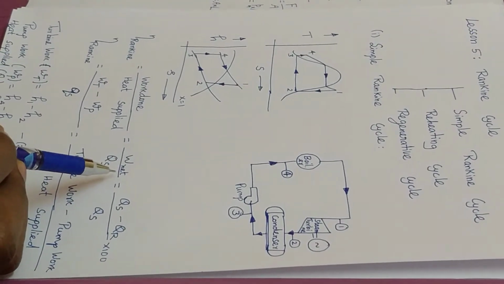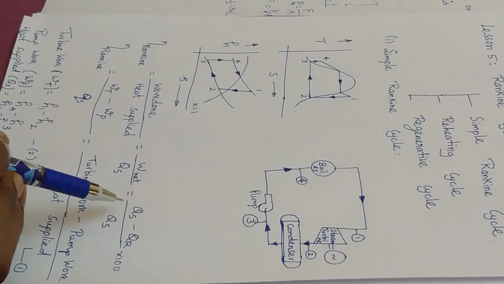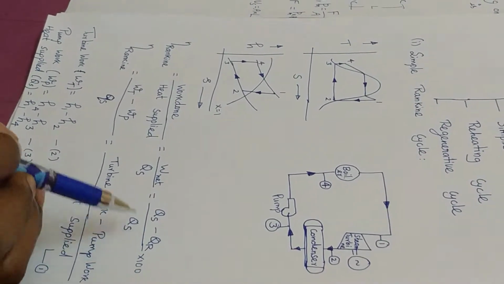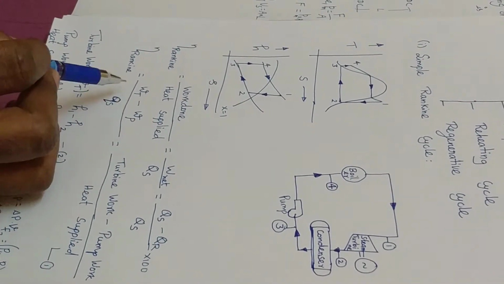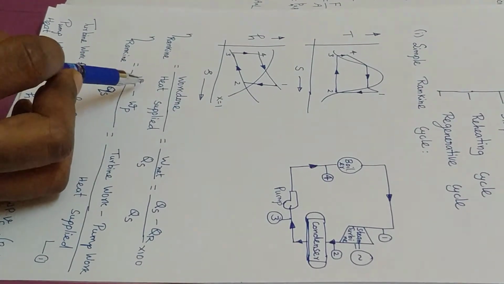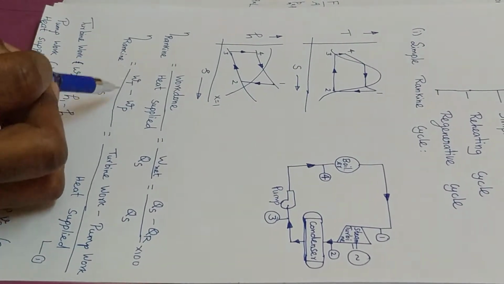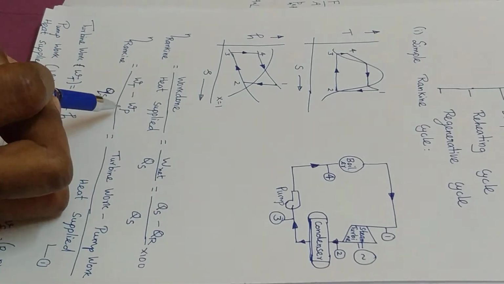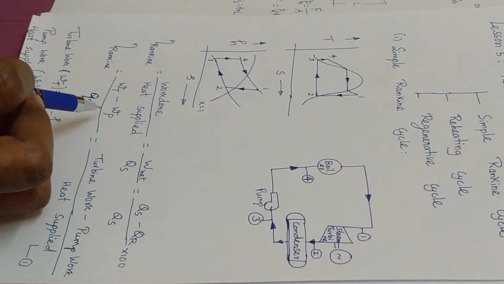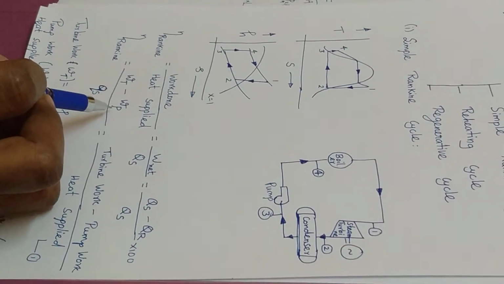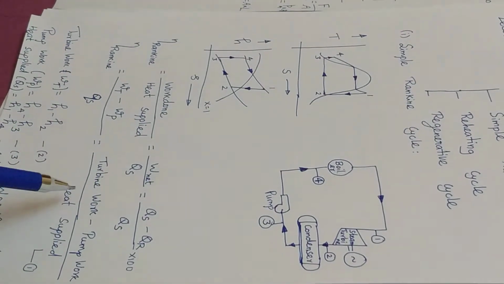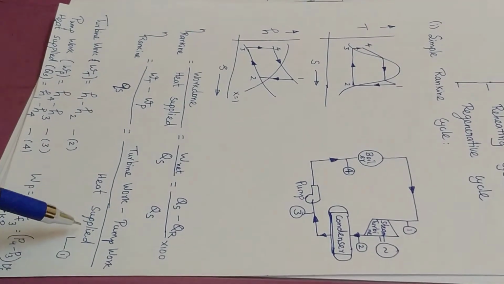This net work done we can find either as heat supplied minus heat rejected, or we can find the difference between turbine work and pump work, because how much work is developed by the turbine and how much work input is consumed by the pump, the difference is nothing but the amount of work output supplied to the generator of the power plant. Therefore, the efficiency of the Rankine cycle is turbine work minus pump work divided by heat supplied.